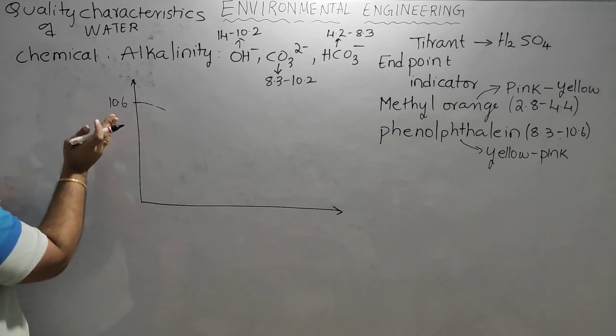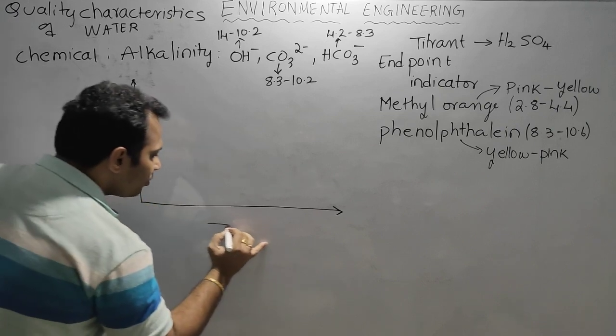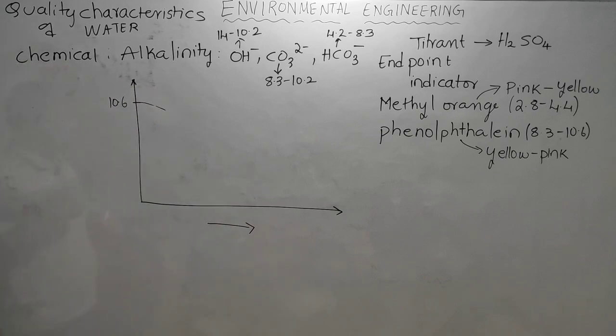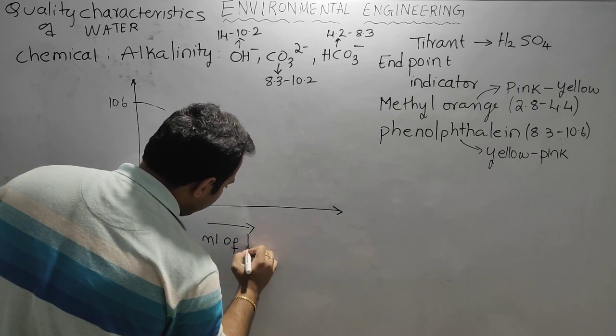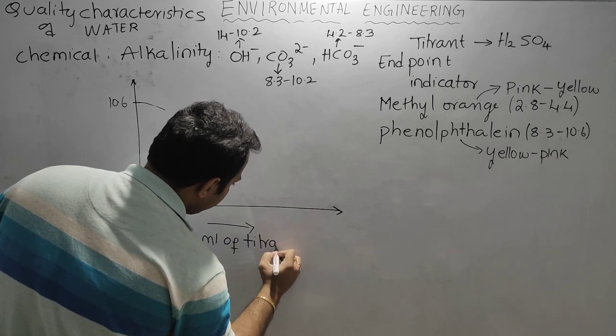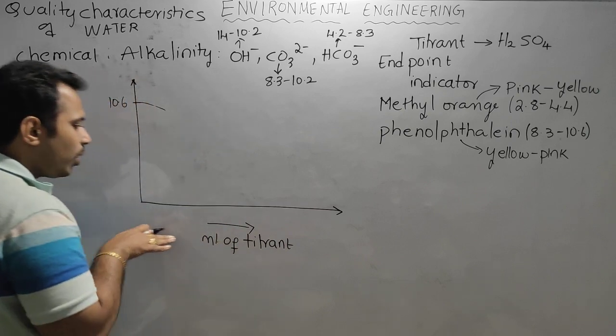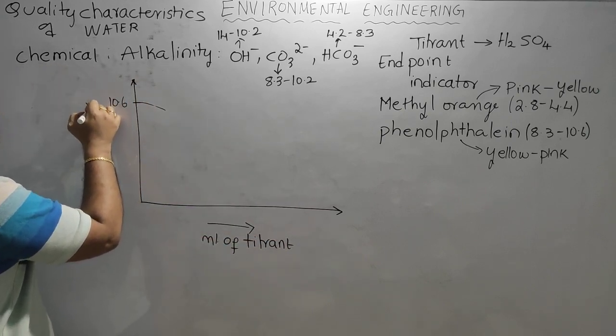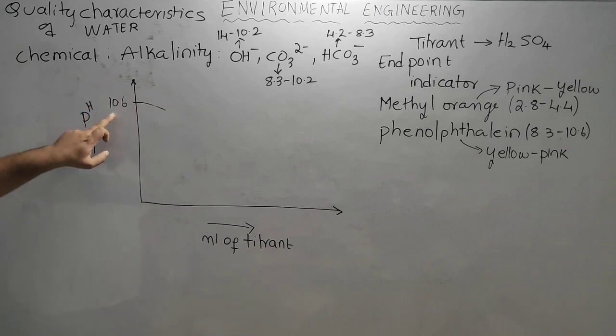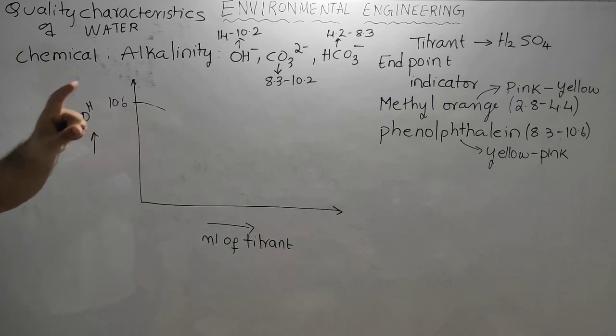Now when you are adding the acid, this is the titrant quantity, ml of titrant added, and this is pH. At 10.6 I found that the color has converted into pink.